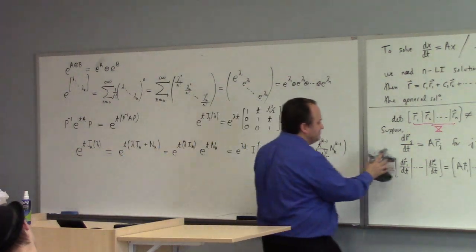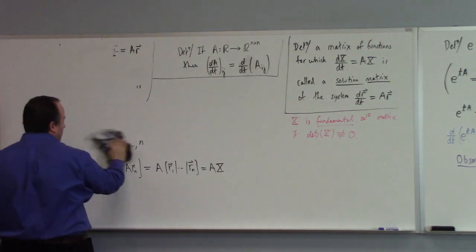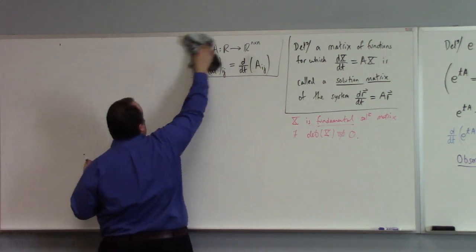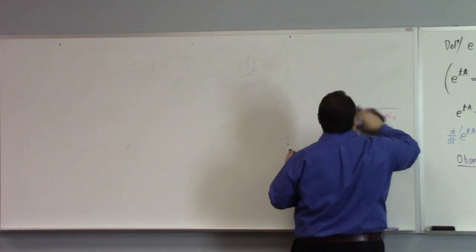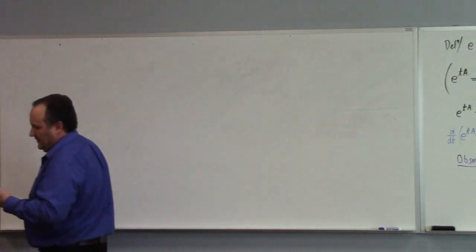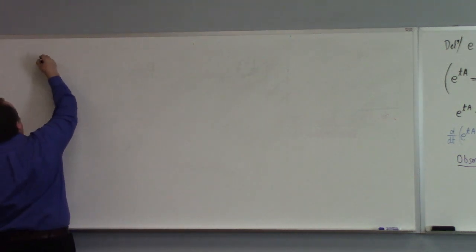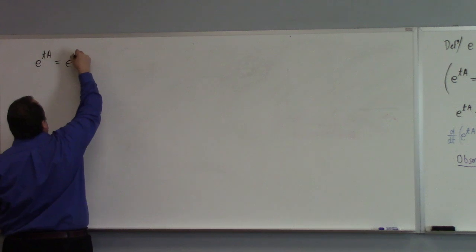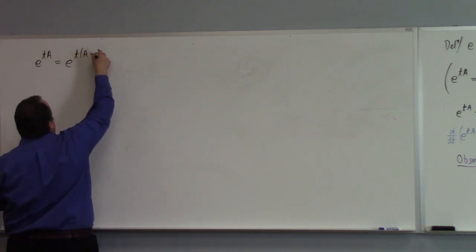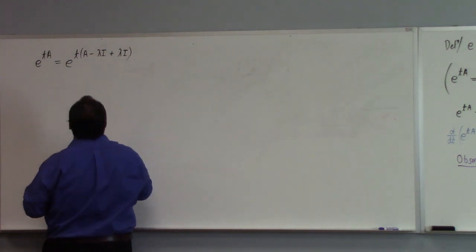So the key to this scheme is what I call the magic formula. And I think I've done enough to derive it for you. Here's how it goes. e to the tA is equal to e to the t times (A minus lambda I) plus lambda I. I added 0.